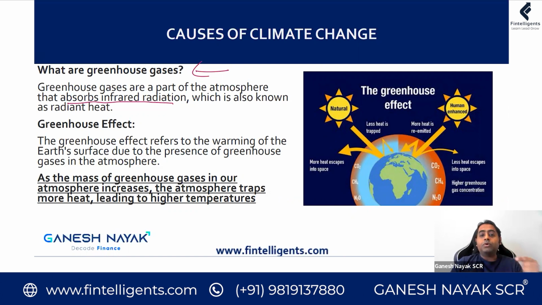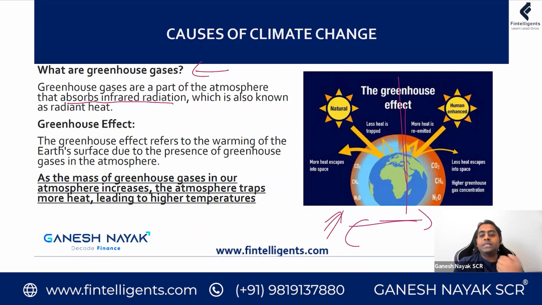Now, when we talk about the greenhouse effect, looking at the diagram on the right hand side, they have shown you two different pathways. On the first side, the CO2 in the atmosphere is very low, and that is why more and more of the heat which is coming towards the earth is also going back.